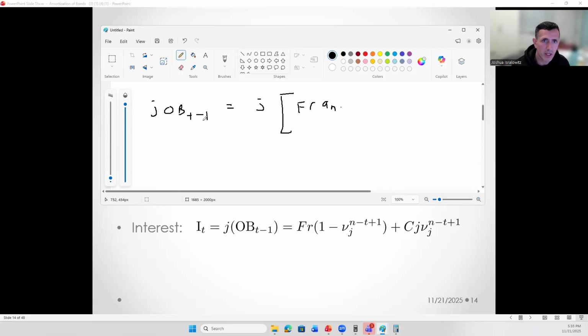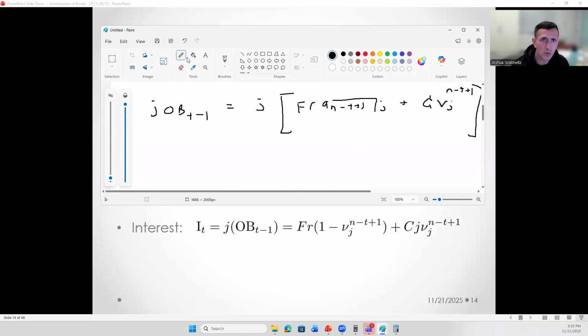Usually it's n minus t, but I'm plugging in t minus 1, so it's n minus t plus 1, and then discount redemption by, again, t minus 1 periods, so it's n minus t plus 1.